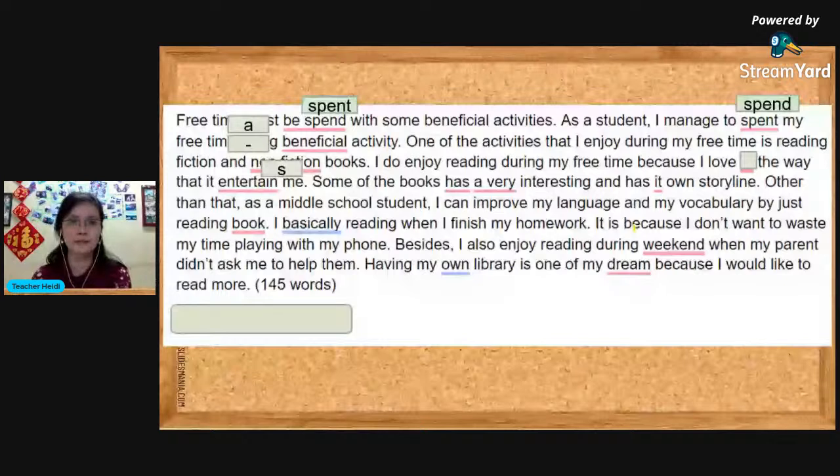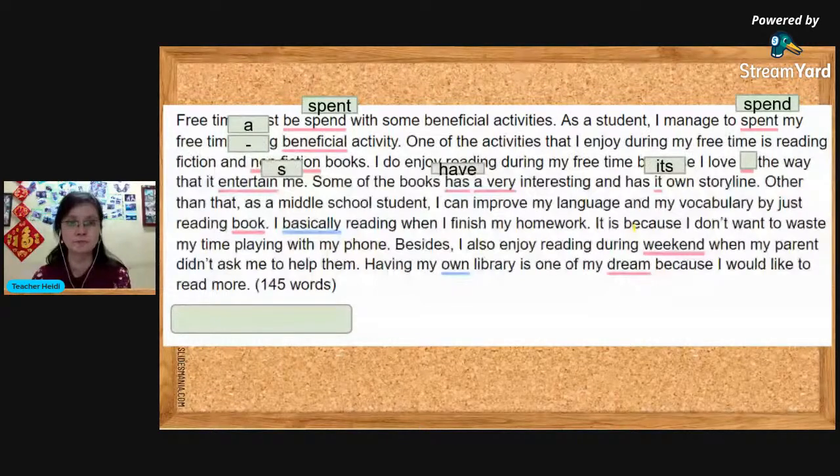Some of the books have a very interesting and has its own storyline. You can see that there are some agreement errors, but it doesn't impede the meaning.